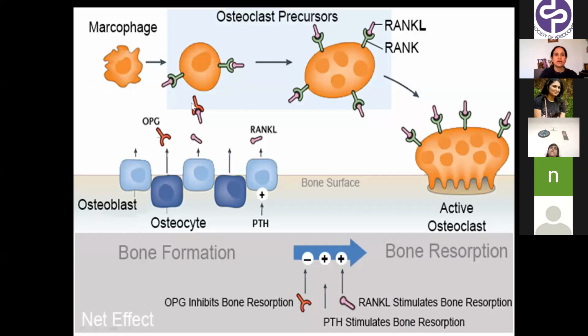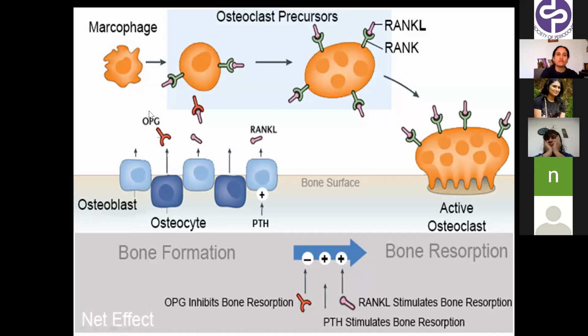You should remember two things in that. One is osteoprotegerin and another is RANKL, receptor activator of nuclear factor kappa B ligand. The ratio of osteoprotegerin and RANKL will decide whether there will be bone resorption or bone formation.